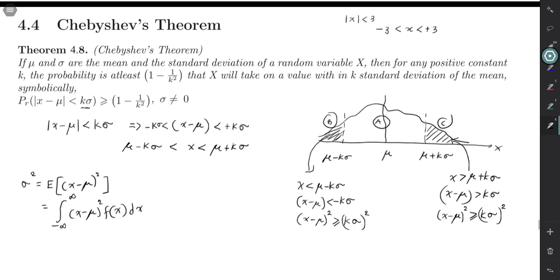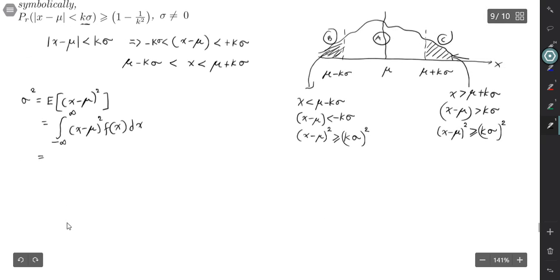Our f(x) is now divided into three parts, A, B and C. So we write three integrations, splitting this one integration into three. We have area B, from negative infinity up to mu minus k sigma, of x minus mu square f(x) dx.